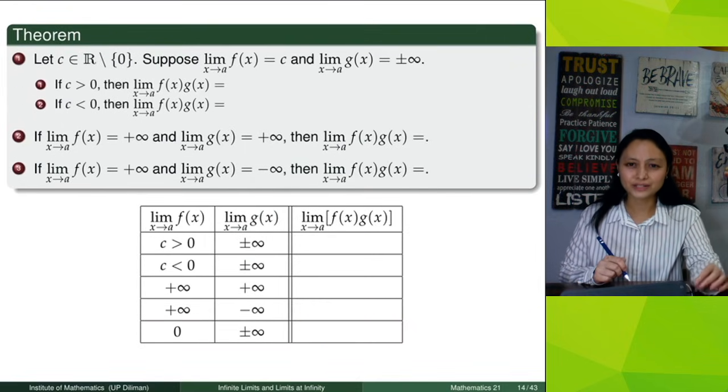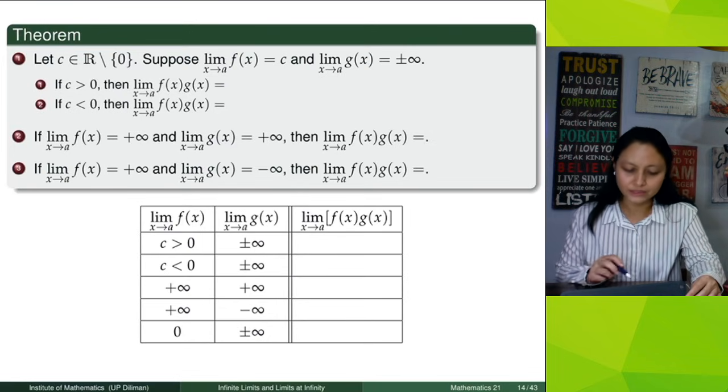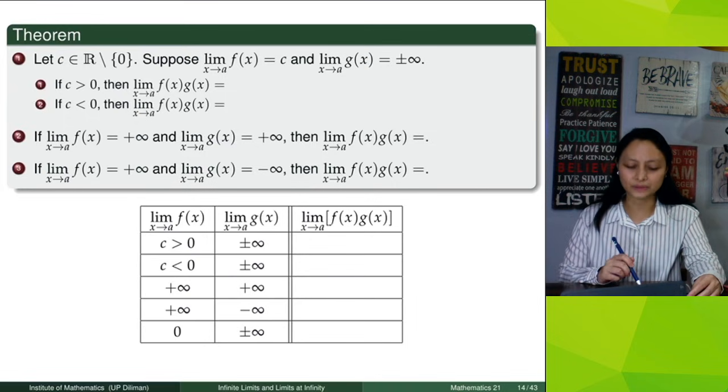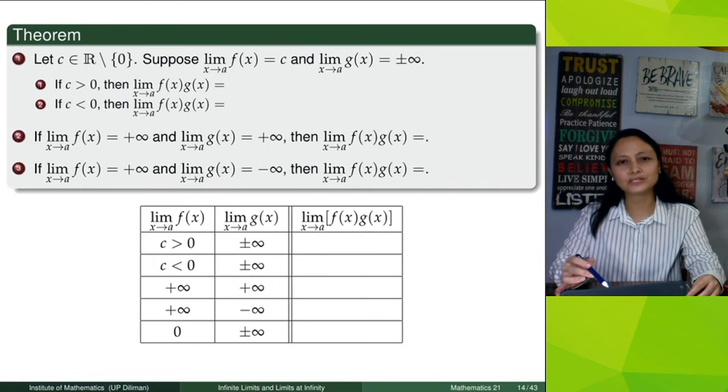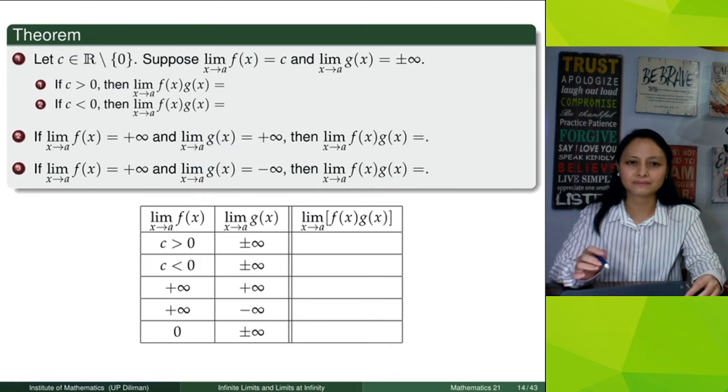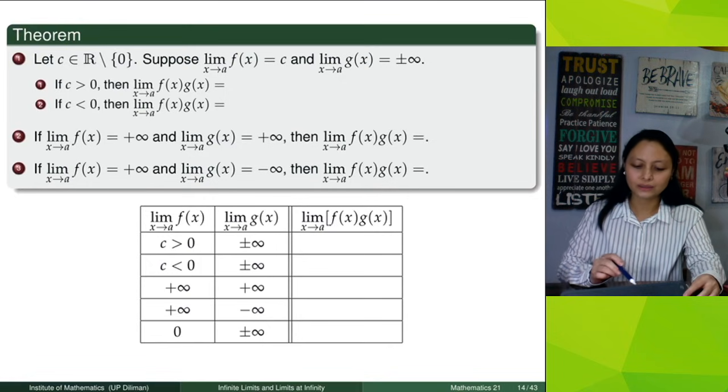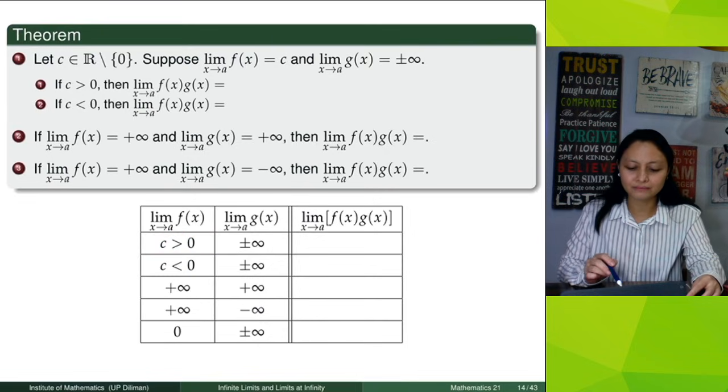Ito, other operations, this time multiplication naman. Ha? Yan. So suppose you have a constant which is a real number not equal to 0. So suppose the limit of f of x is equal to that constant and the limit of g of x equals plus or minus infinity. Okay? So, ito yung, suppose the constant is positive.